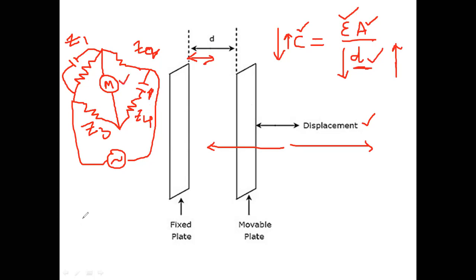The output current is a measure of displacement. Output current gives me the amount of displacement.